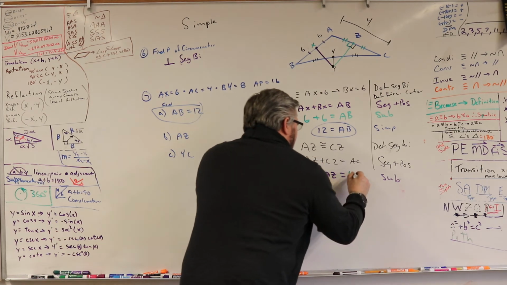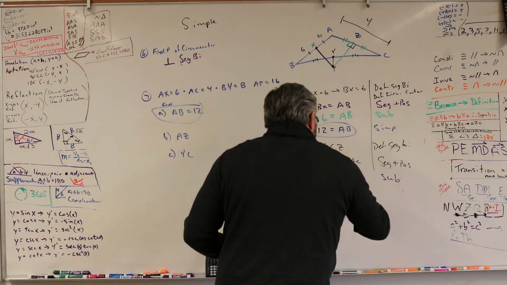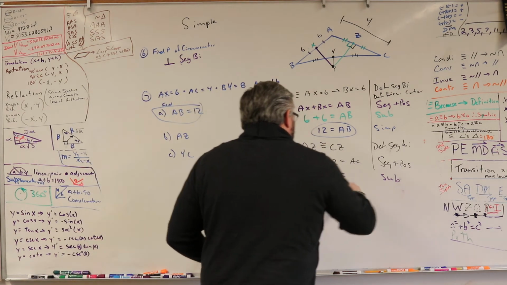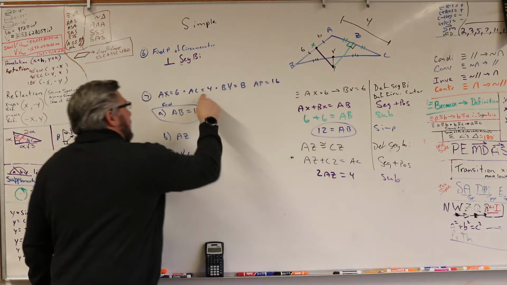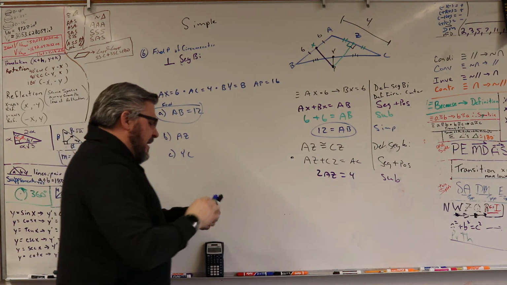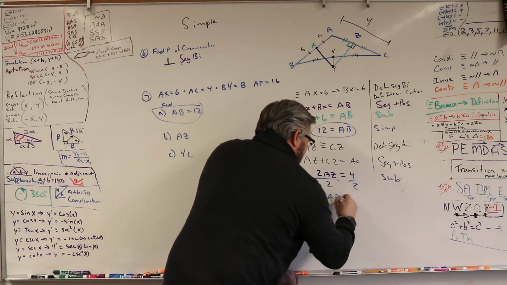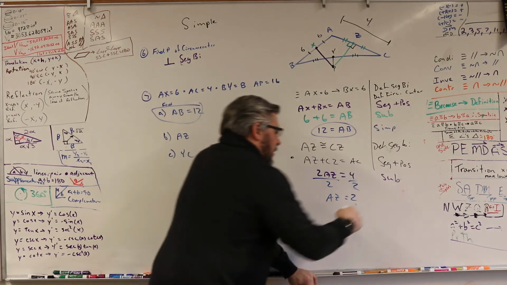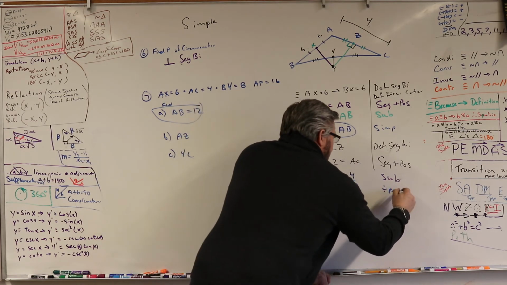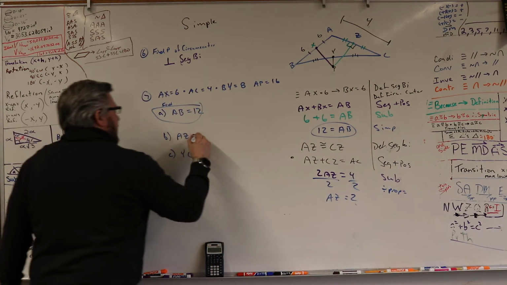What's AC? That's 4. Sorry about that. The substitution, I put in the AZ and I put in the 4 for AC. Now, divide by 2. So AZ equals 2. Division property of equality. So AZ is equal to 2.